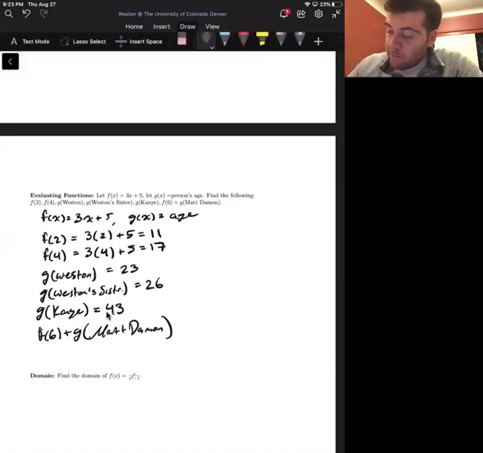And so is Matt Damon, where we have f of 6, which is 3 of 6 plus 5, plus g of Matt Damon. Now, this seems weird to be adding together two functions that are seemingly unrelated, but it works out because they have numbers that are compatible, because g of Matt Damon outputs a number, f of 6 outputs a number, and we can add two numbers together.